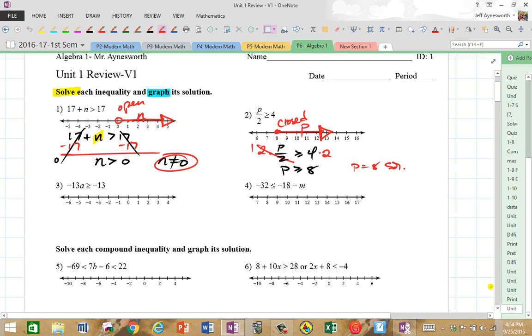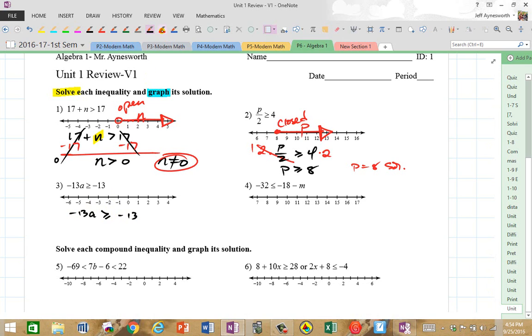Keep that in mind. Now on this one down here, you have negative 13 times a, where a is another variable, greater than or equal to negative 13. Let's go ahead and do the inverse. Negative 13a means negative 13 times a. The inverse of multiplication is division, so we're going to divide by the coefficient, which is negative 13.